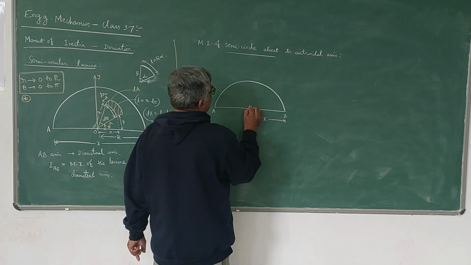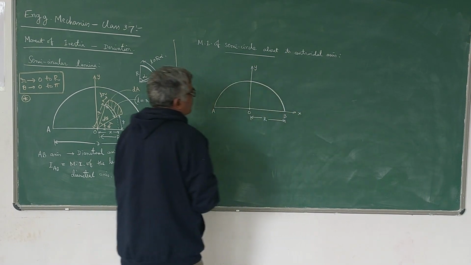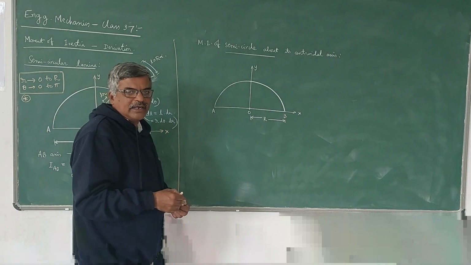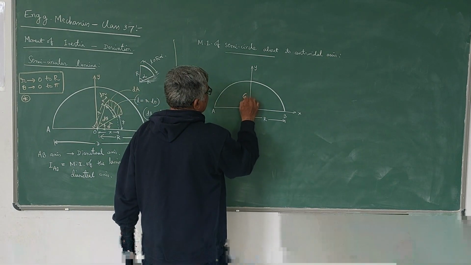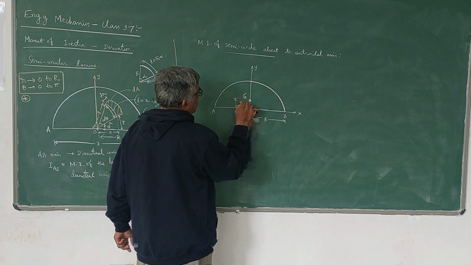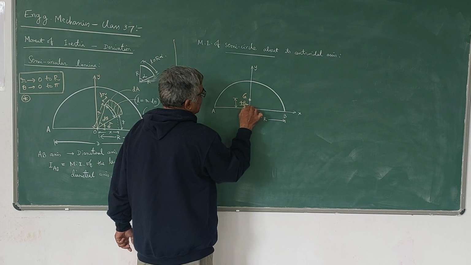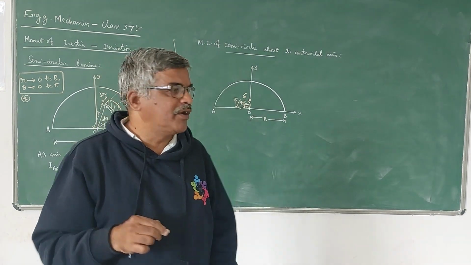Here the semicircle is symmetrical about the y-axis, as you know. We have proved that the centroid of the semicircle lies at a distance of 4r by 3 pi from the diameter axis. This we proved in the centroid chapter; you can refer to the earlier video for that.